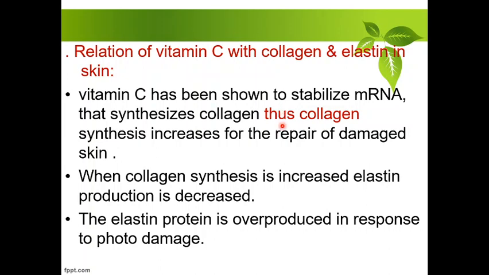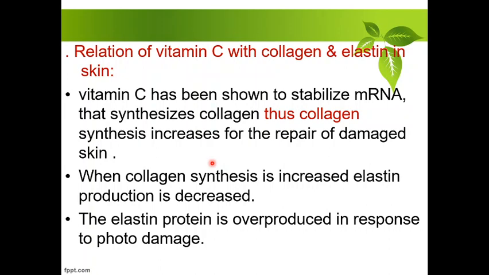When collagen synthesis is increased, elastin production is decreased. You must have seen some people's skin with wrinkles and very loose skin. Okay. Because elastin is more in their skin, it becomes elastic type, jelly type. Okay.